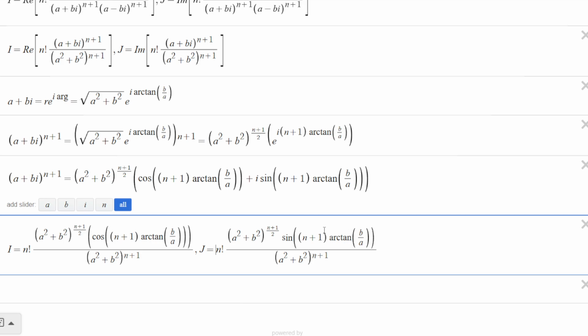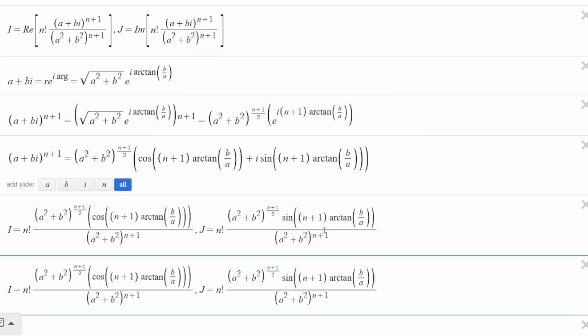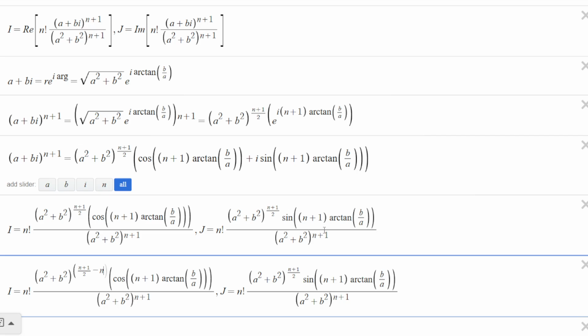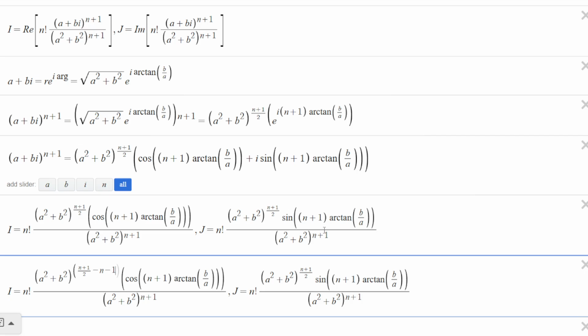We can clean it up a little bit though. You'll notice we have powers of a squared plus b squared in the numerator and denominator. So I'm going to put parentheses around here, and then I'm just going to subtract n and subtract 1. And now we don't need this part.